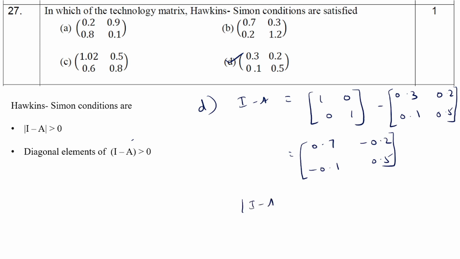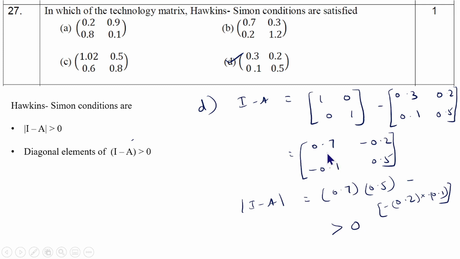So here determinant of I minus A is equal to 0.7 into 0.5 minus 0.2 into minus 0.1. This is greater than 0, and the diagonal elements are also greater than 0. So it means among all these options, only option D satisfies Hawkins-Simons conditions. So the correct option is option D.